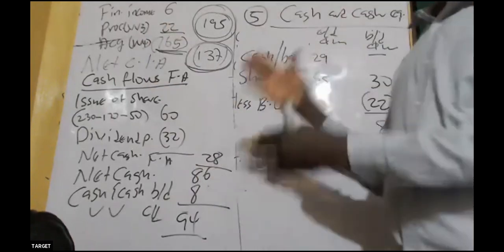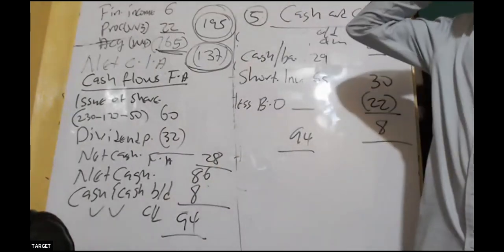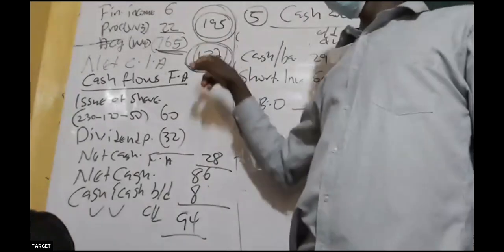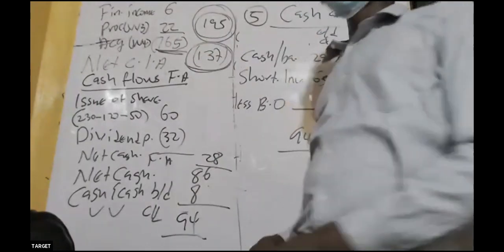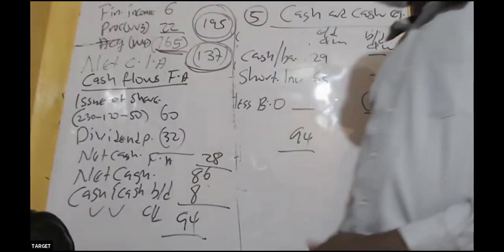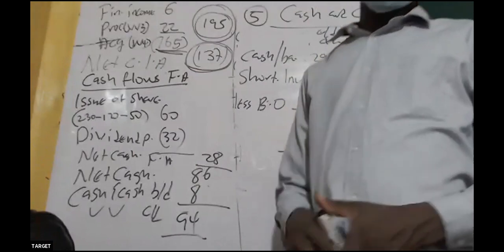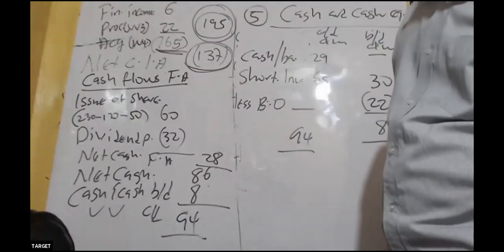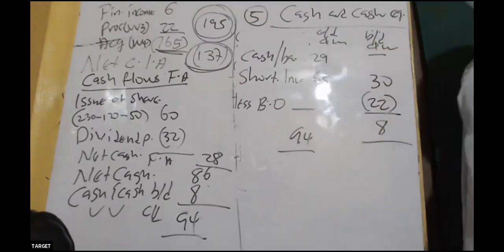So looking at the comparison, they've really done well. Investing should always be negative if the company is doing well. But financing is neutral. It can be positive or negative, depending on whether they are repaying their debt, issuing shares, and those things.